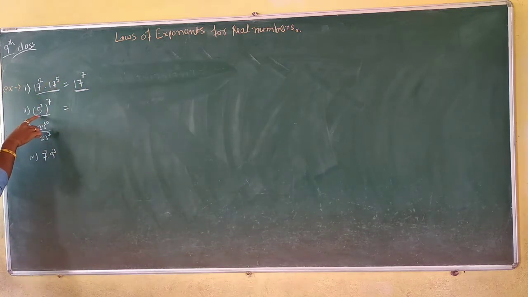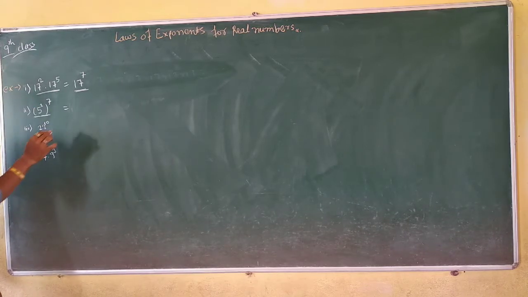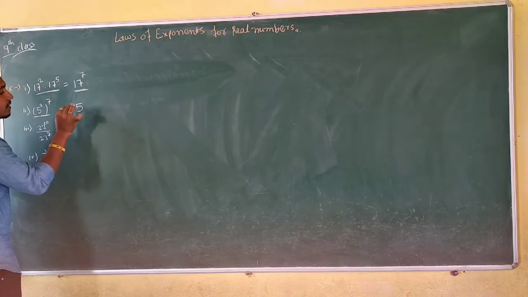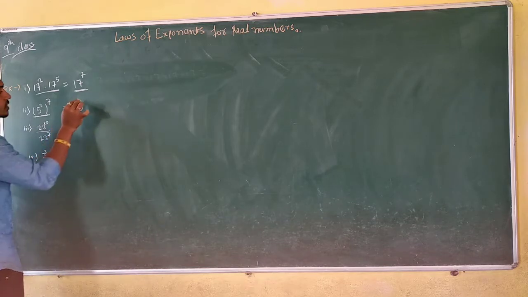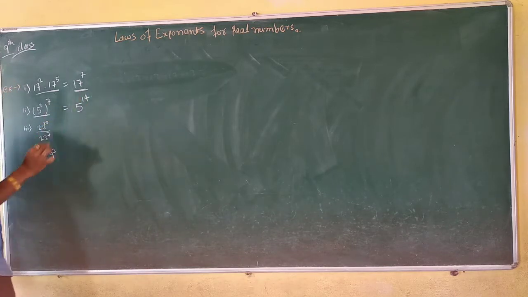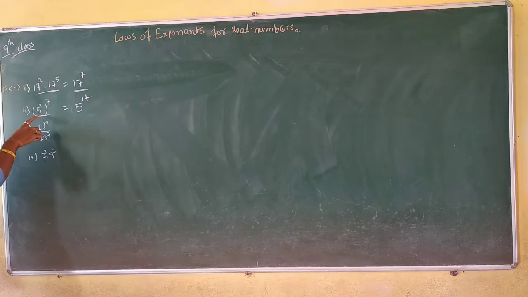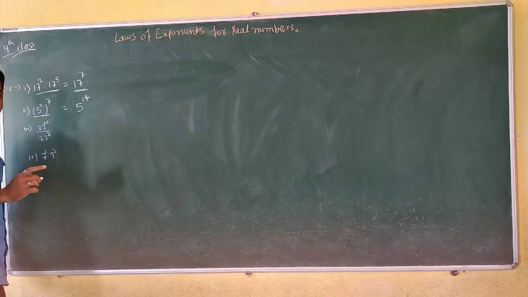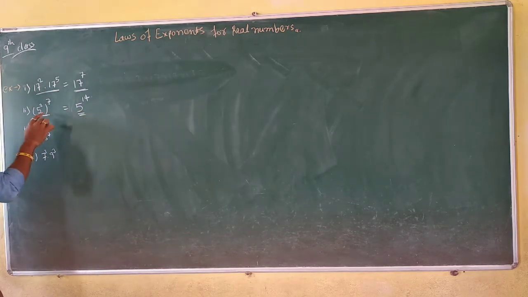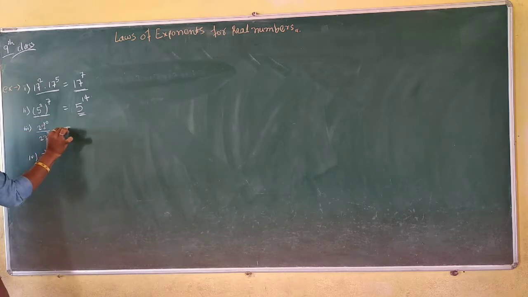Next here, 5 raised to 2 whole bracket raised to 7 we can write as 5 raised to 14. It is also the same: 5 raised to 2 whole raised to 7 is equal to 5 raised to 14.